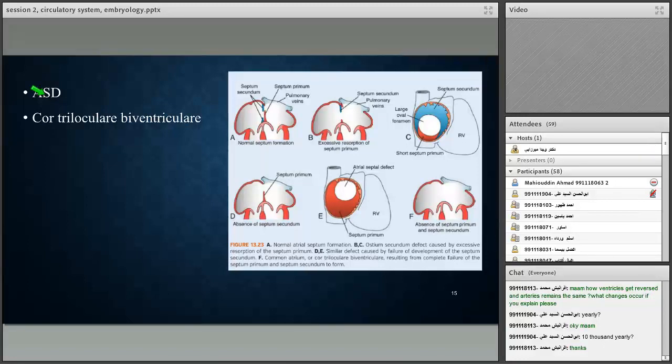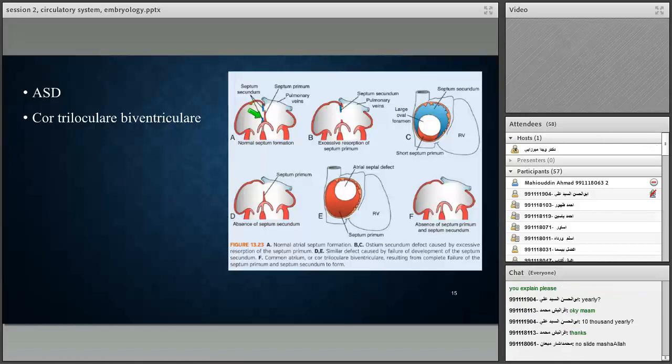This is one of the defects in the atrial septum. Then, look at here. For example, here we can see ASD. It may happen by many ways. One of the most significant defects is the ostium secundum defect. Look at here, I mean the blue one.